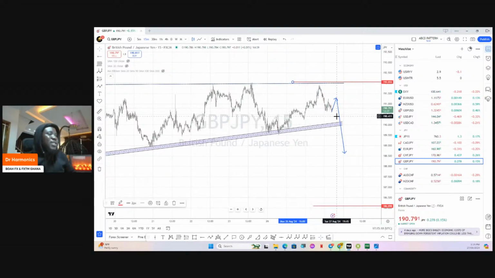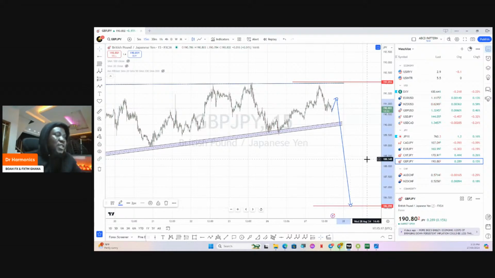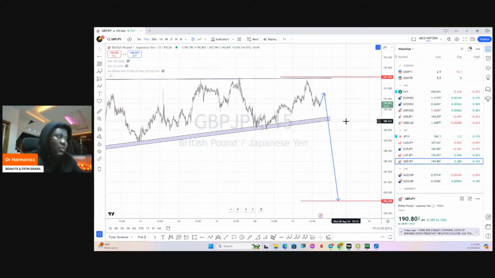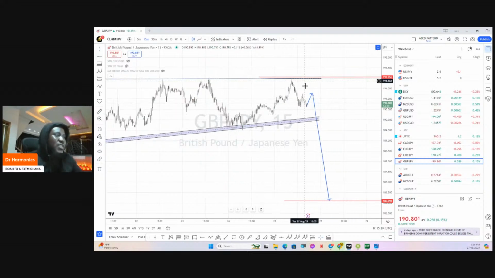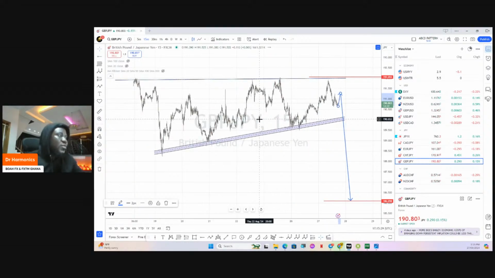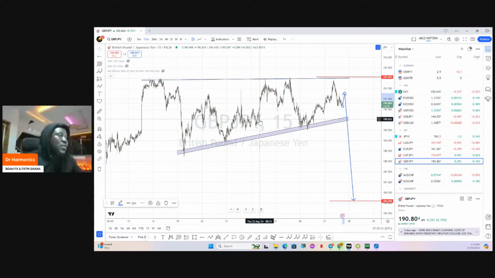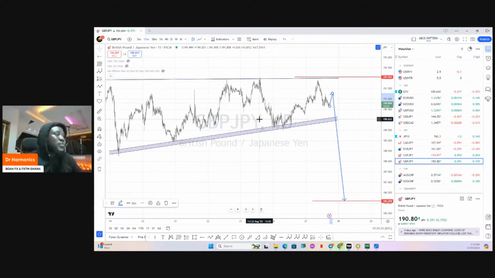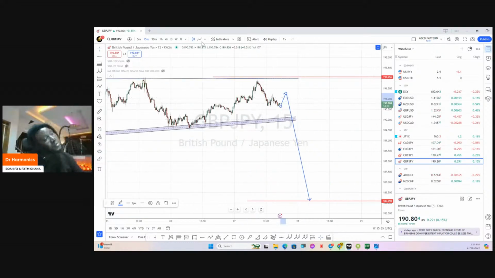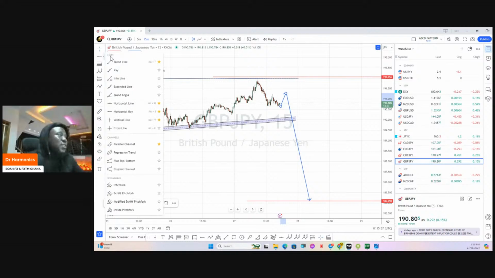I can just get up, sell, put my stop loss over, calculate my 1% risk and target this level. Okay, I can do that. But I want to take advantage of the tight spread to get a bigger lot size. So I'll wait for it to potentially break up, maybe creating a flat correction like this.